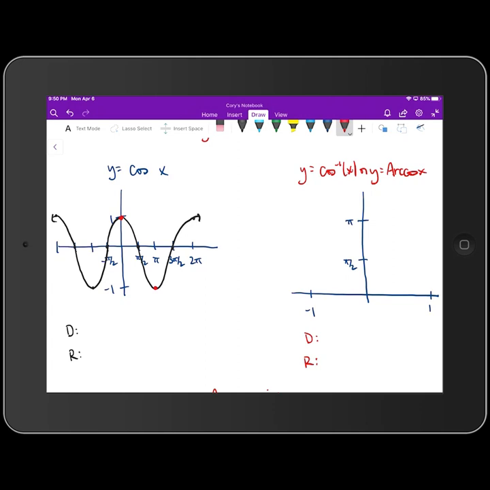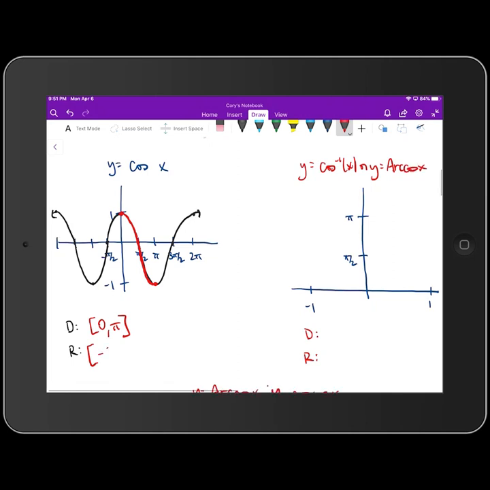If I take a look at that portion of the cosine graph only, which is that graph in red, the cosine function is one-to-one on the interval from 0 to pi, thereby making its inverse a function. So we've restricted the domain here to be the closed interval from 0 to pi. The range, the y values on that graph, are between -1 and 1.